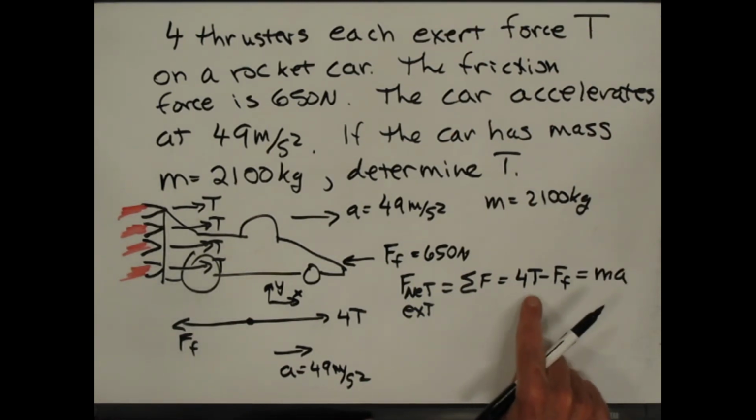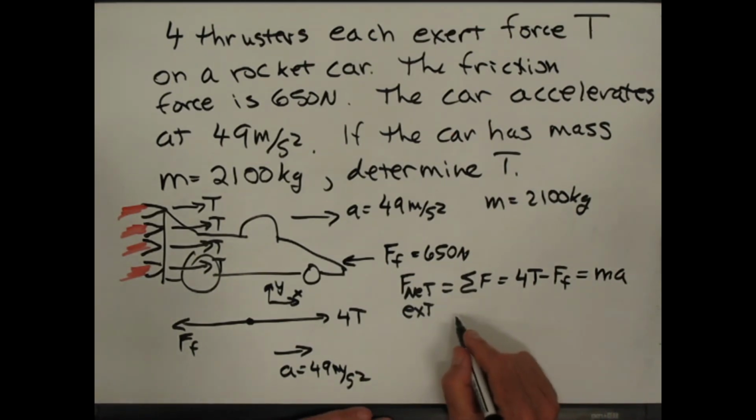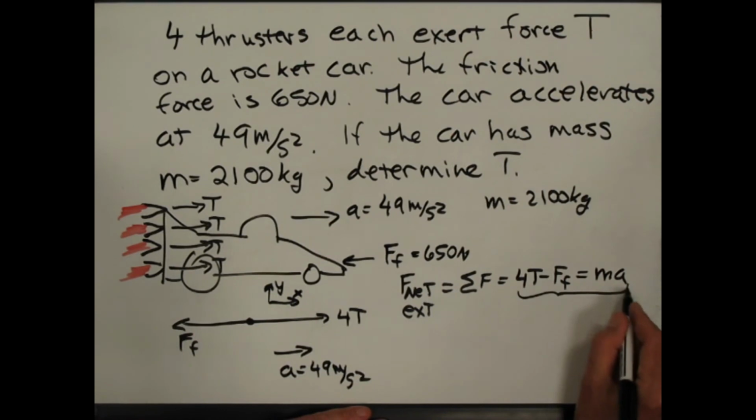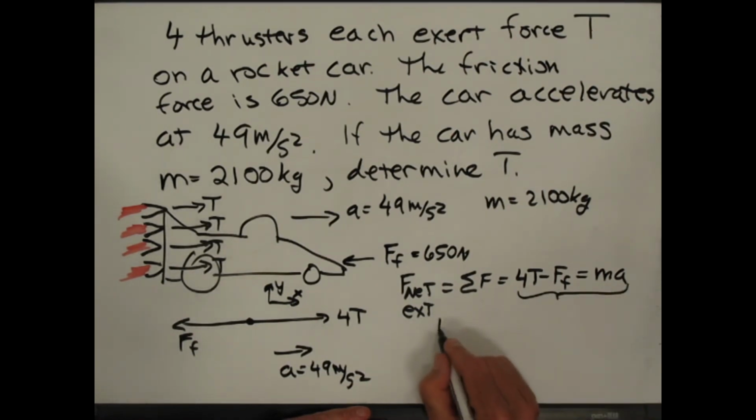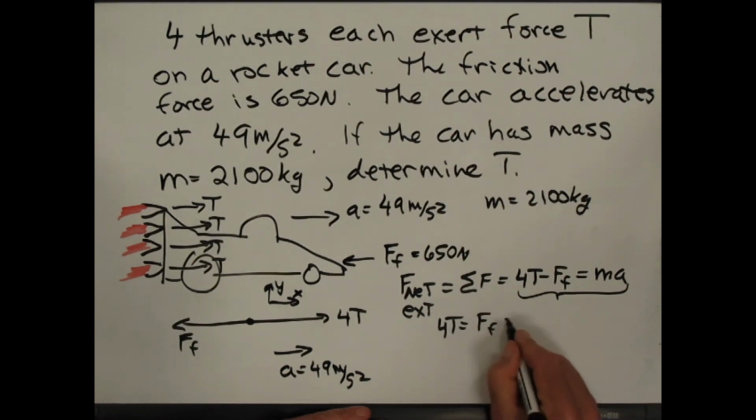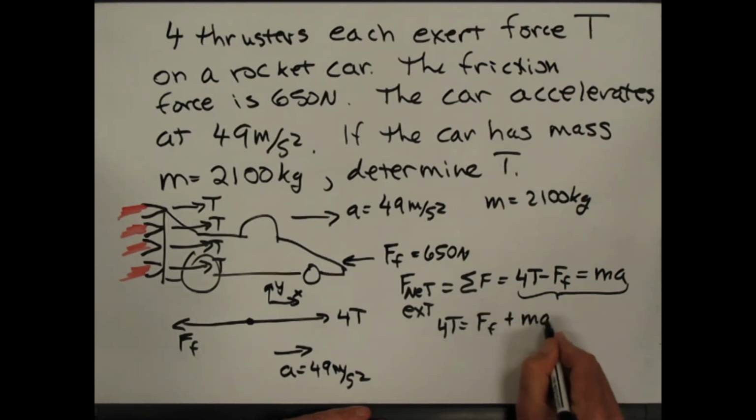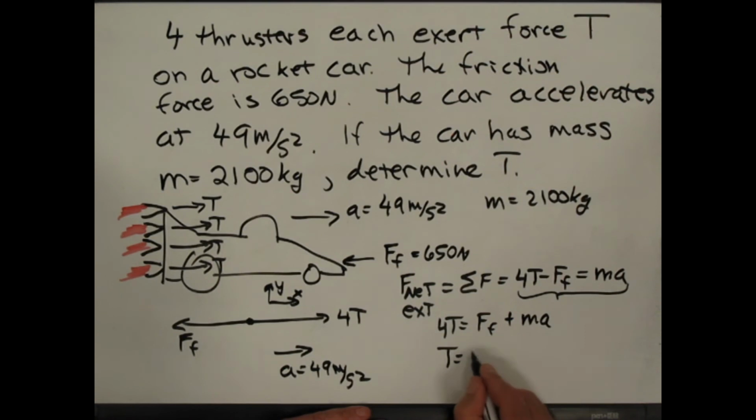I'm after T, so I can just look at this piece of the equation and say 4T equals the force of friction plus ma, or T equals the force of friction plus ma, divided by 4.